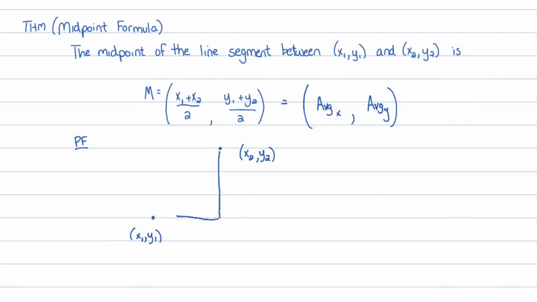We can create a right triangle if we want, because really I want to find out what is the coordinate of the point directly between those two. Well, you draw a vertical line from one of the points and a horizontal line from the other point, and you'll create a right triangle.